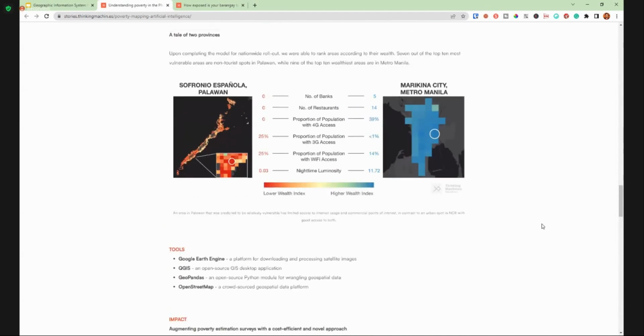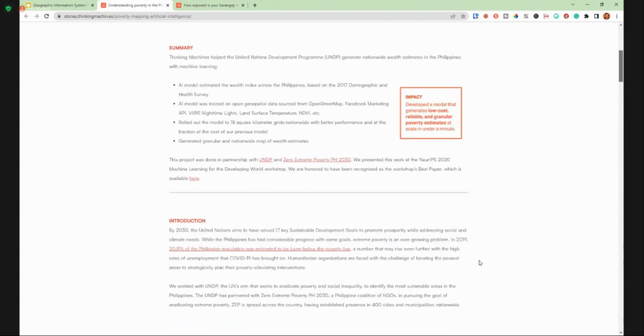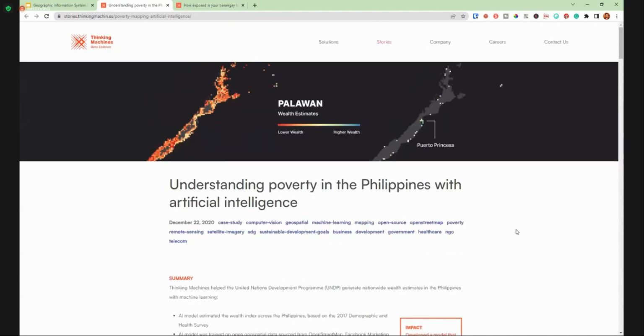If we want to interpret it on a per grid basis, we can do so. This is actually my first research paper with Thinking Machines, and we're very happy to publish this in NeurIPS.